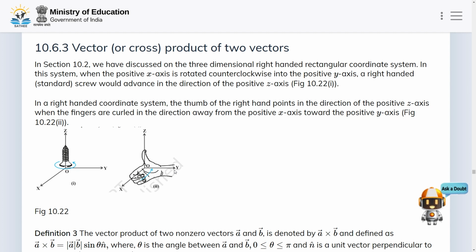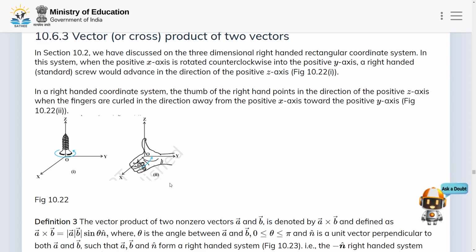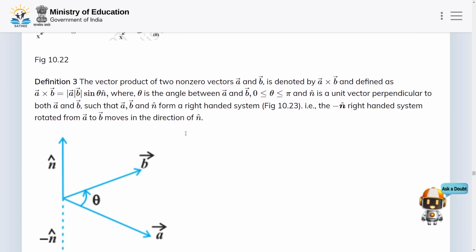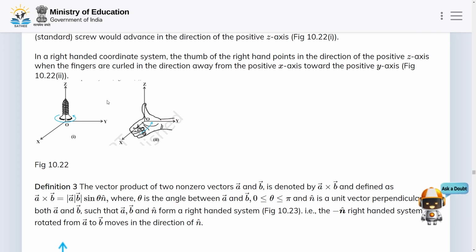So this also represents your right-handed coordinate system. I hope that it is clear. Now keep this point in mind, as this is very, very useful from the perspective of the vector product or cross product.